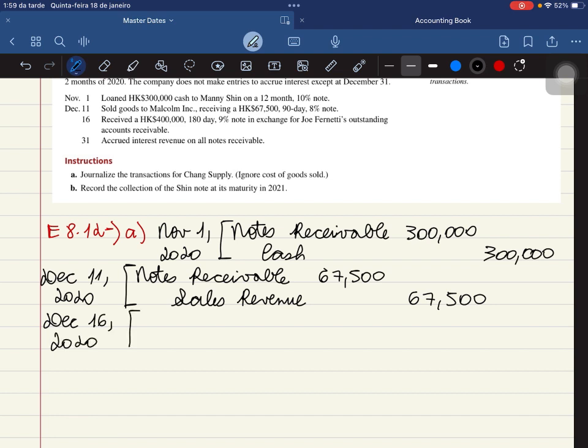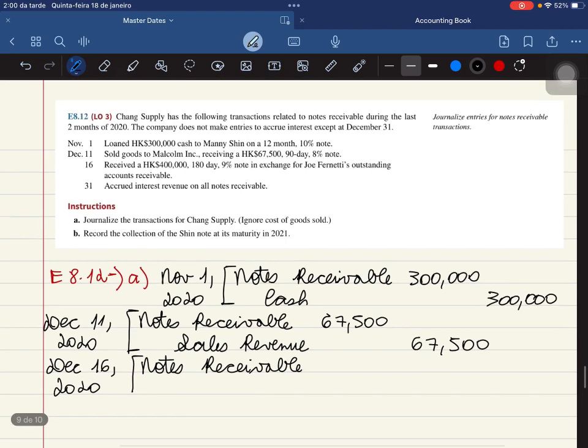Next we have December 16 of 2020. Received a 400,000 180-day 9% note in exchange of Joe Fernetti's outstanding accounts receivable. Again, you got a note, so notes receivable goes up. It says in exchange of Joe Fernetti's outstanding accounts receivable, which means that this originally was an account receivable.